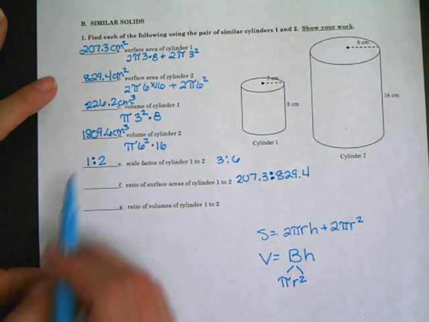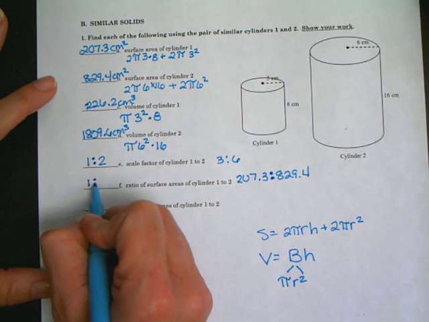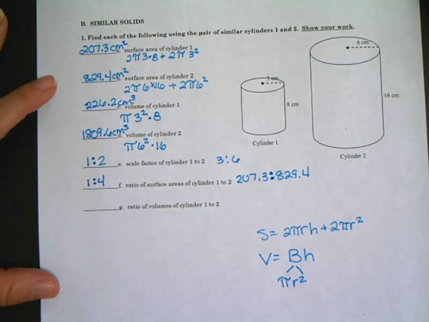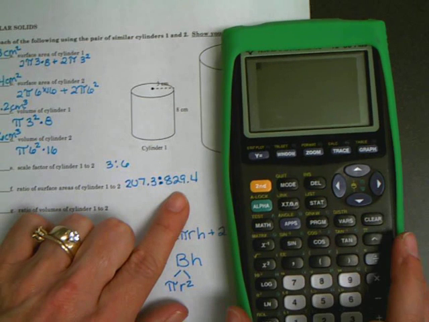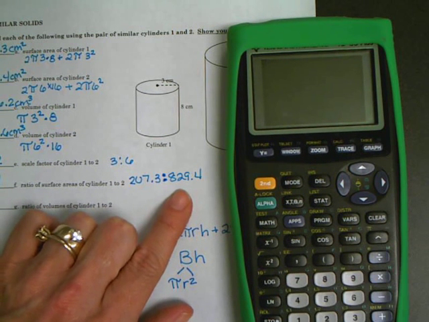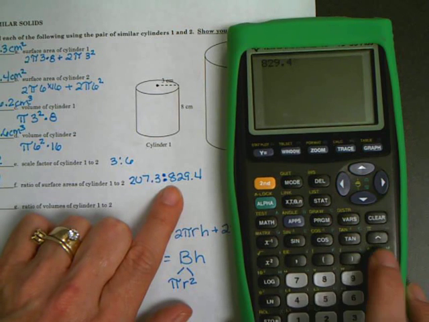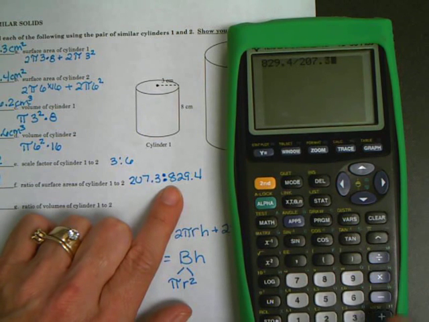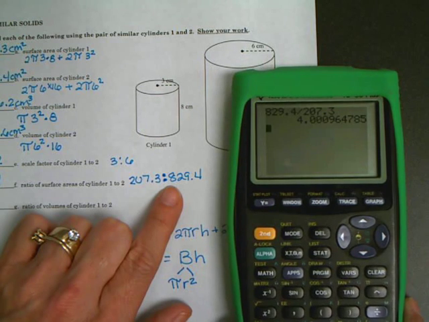Let's double check that and see if 829 is 4 times greater than 207.3. If I take 829.4 and divide it by 207.3, looky there, I almost get a perfect 4. It goes out to the 4th decimal place before you've got anything. So pretty darn good. So we're going to write our ratio 1 to 4.